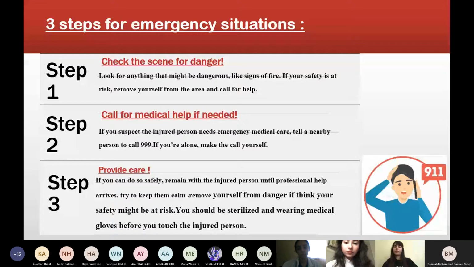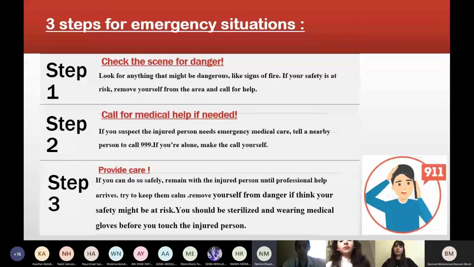If you can do so safely, protect the injured person until the professional medical help comes. You have to keep them calm until the professional medical help comes. If you can't keep them safe and the area is dangerous for you, you must leave the area.